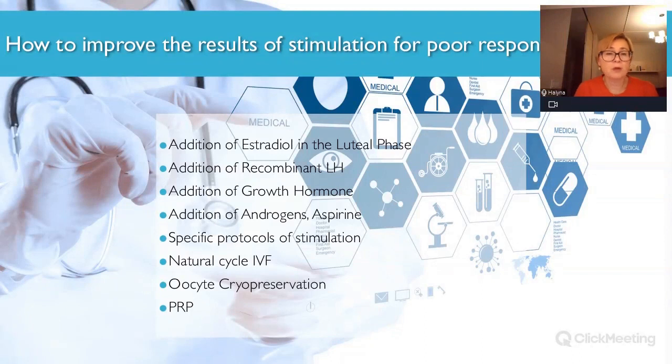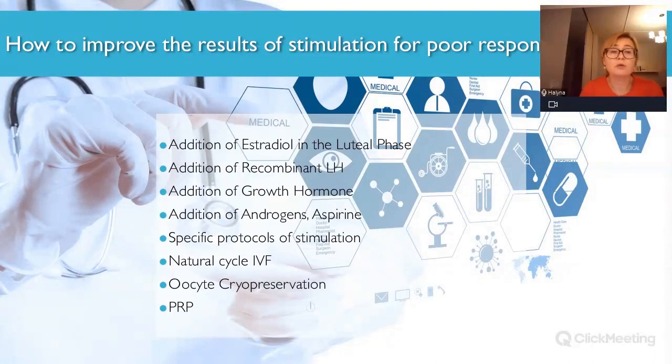Also, we are using growth hormone. We talked about it in our previous presentation. Growth hormone improves the quality of eggs and improves the sensitivity of follicles to stimulation. Also, sometimes we can use preparation with androgens, and aspirin to improve blood circulation.